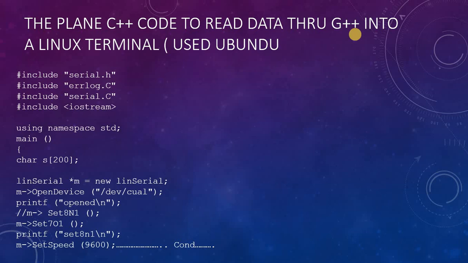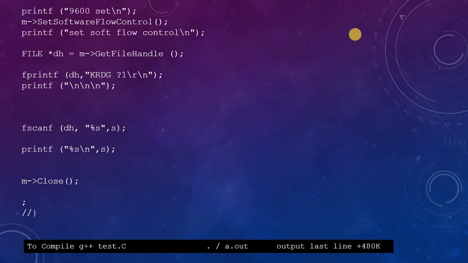a few things. Next, the sixth line is most important. You are sending the command KRDG? 1 \r\n, like an enter. That means over, I am sending it. After that, just a dummy printf to get a delay.